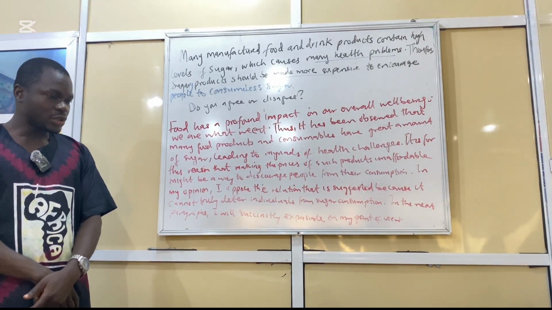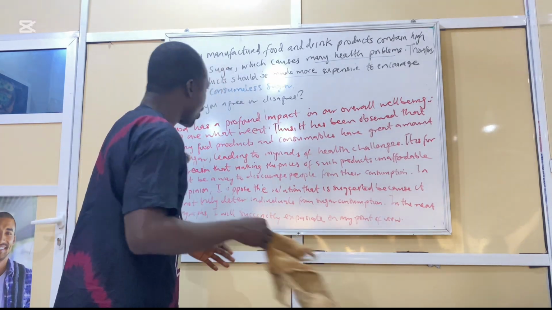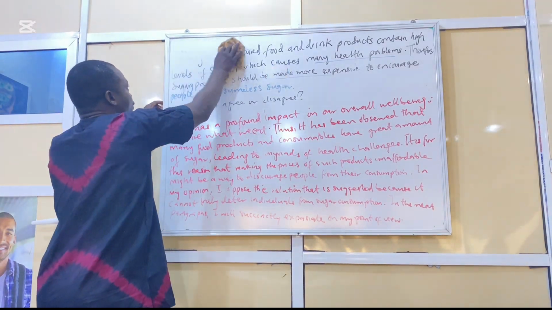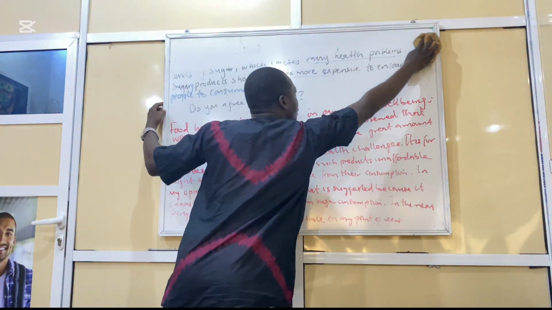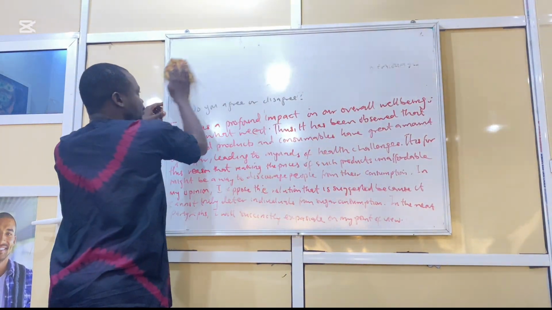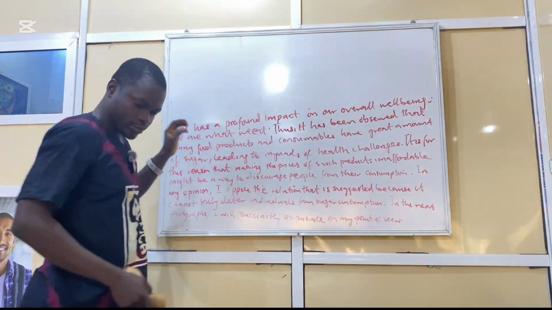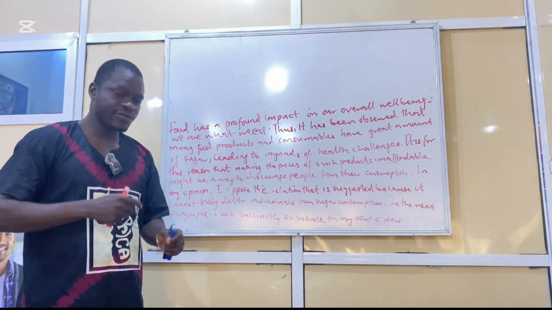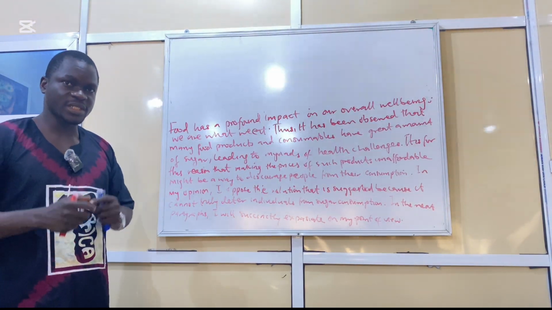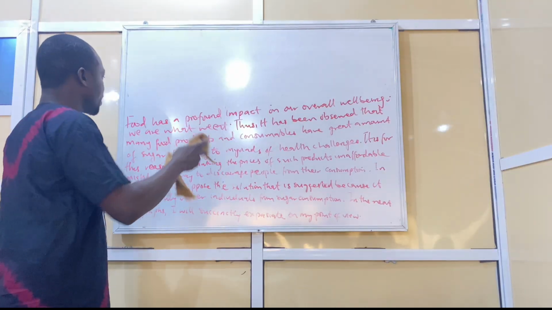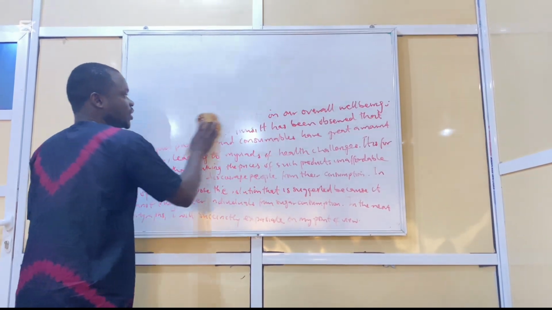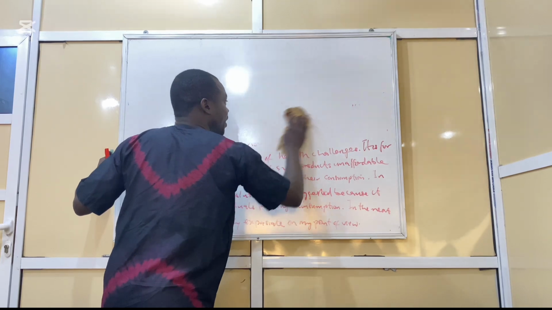So you have to be fast so that I can put body 1, then body 2. Learn to type with your 2 hands, even if it's a phone or tablet or anything. Let me clear so that it will be easier for me to write. So this is your introduction that I am cleaning off.